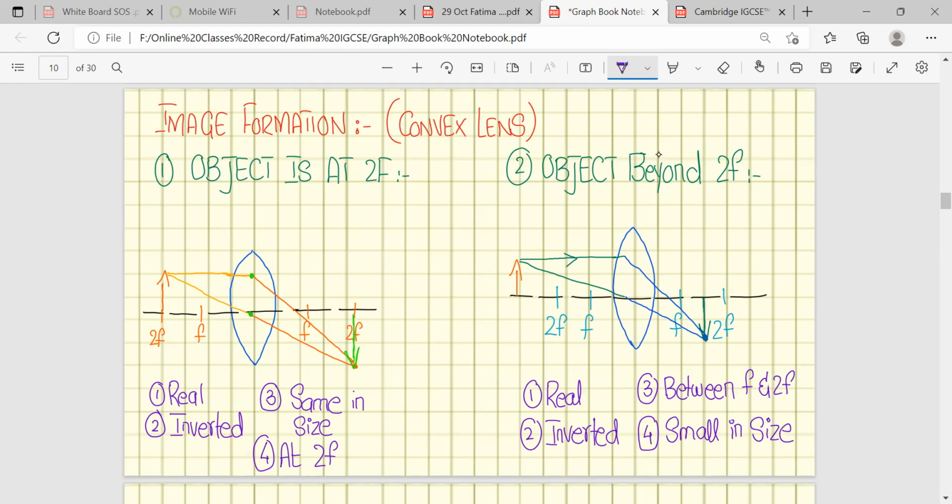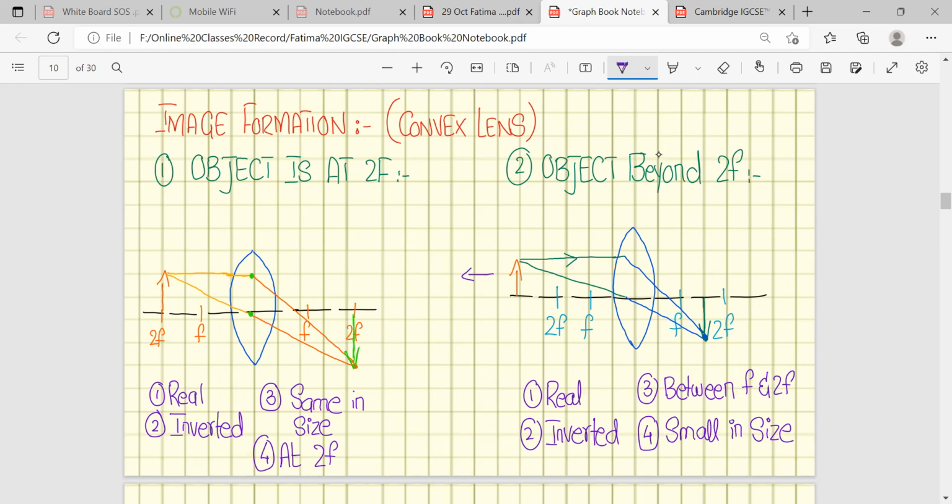There is a very simple trick to remember these image formations. Whenever you shift the object away from the lens, right? So the object is shifting towards the left, according to our first case. So our image will also shift towards the left.